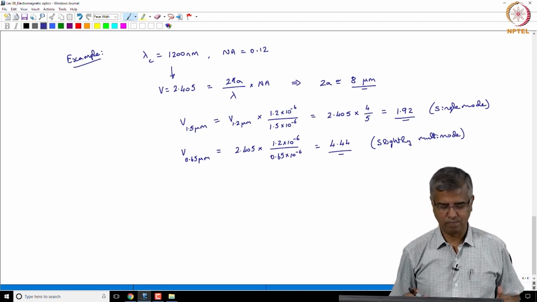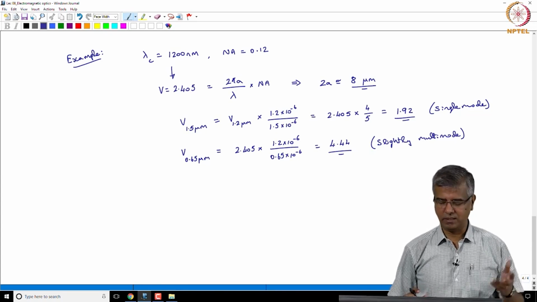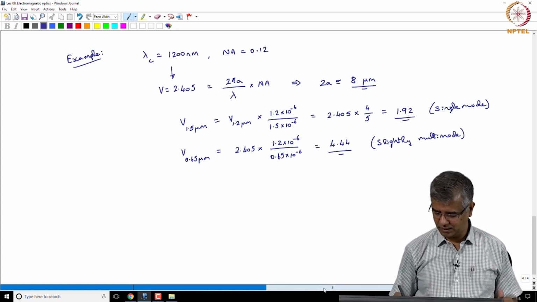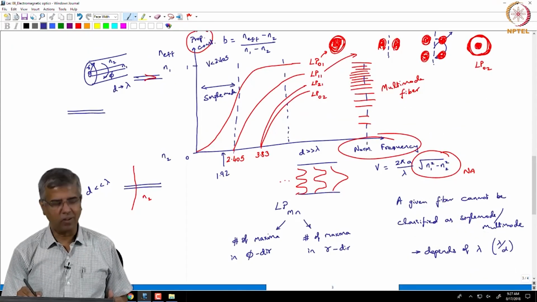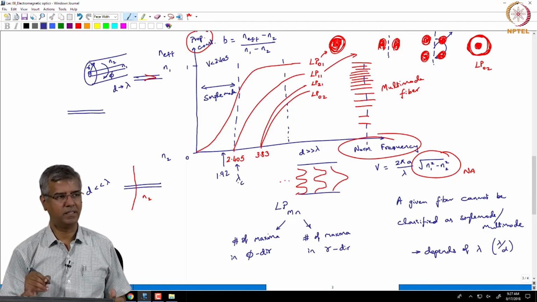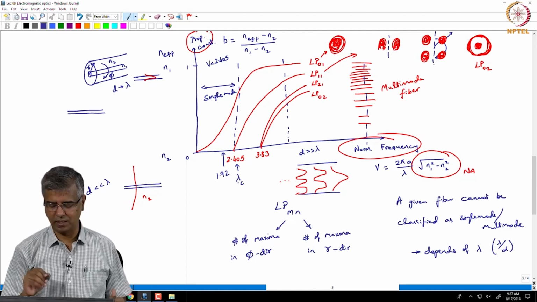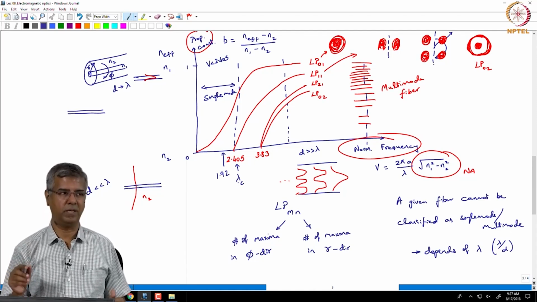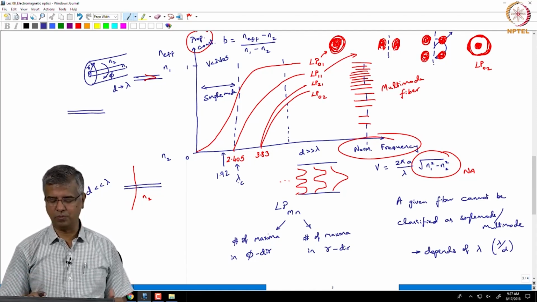So cutoff wavelength, if you decide, is the minimum value or maximum? So the question is what does the cutoff wavelength imply? The cutoff wavelength implies this particular point, right? So this is where lambda c is. So the lambda corresponding, for a given fiber, gives you 2.405.